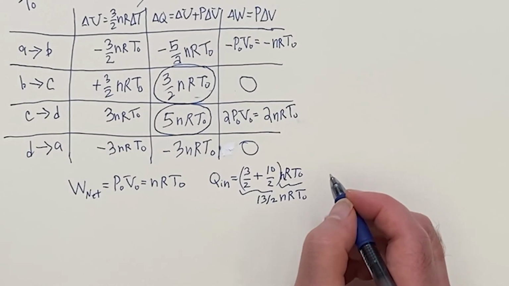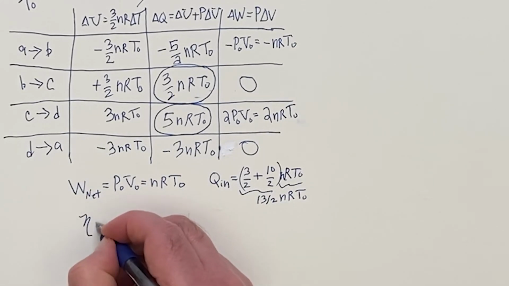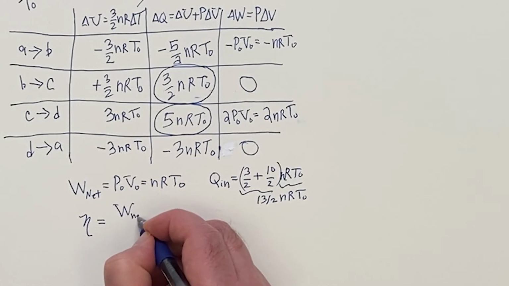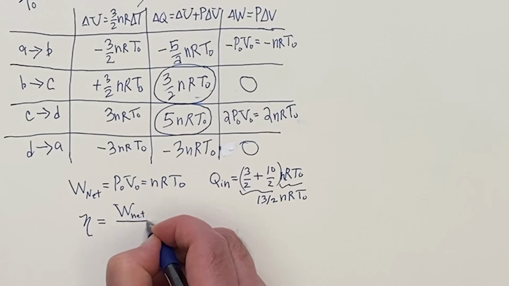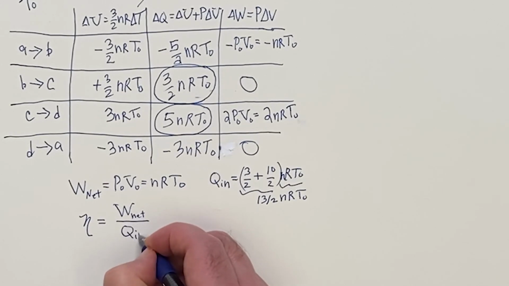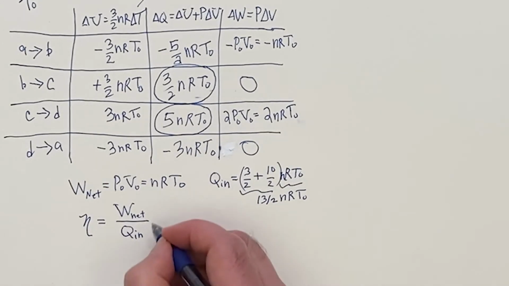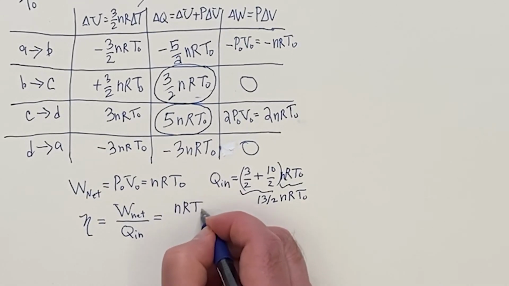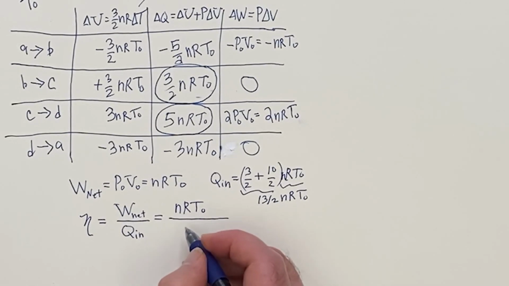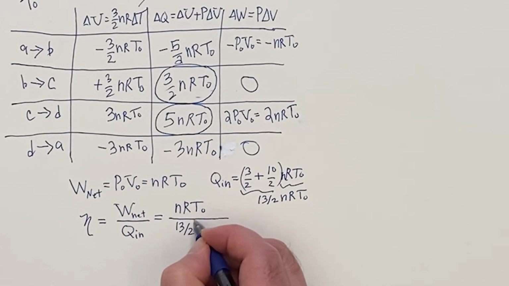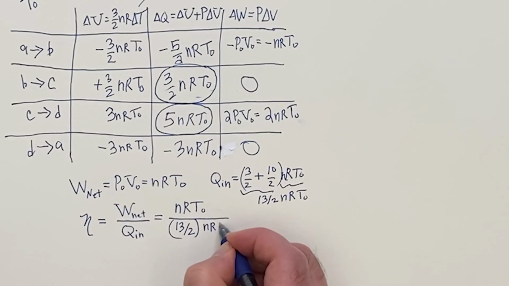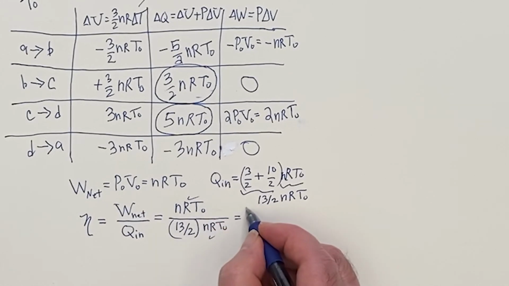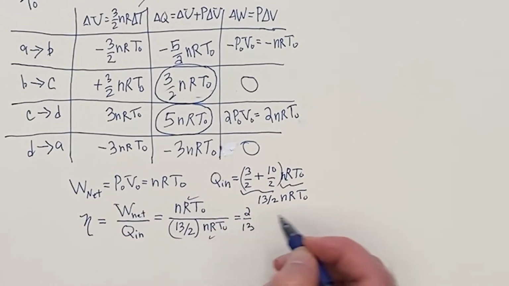So that means for the efficiency, I want the work, this is the net work that I'm doing. I can emphasize that by putting net. And then this is the heat that I'm putting into the system. And this is going to be nR T naught divided by 13 halves nR T naught. Now this is going to cancel, and I'm going to flip this to be 2 over 13, and that is cool.